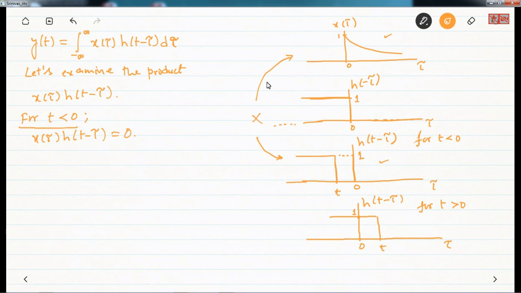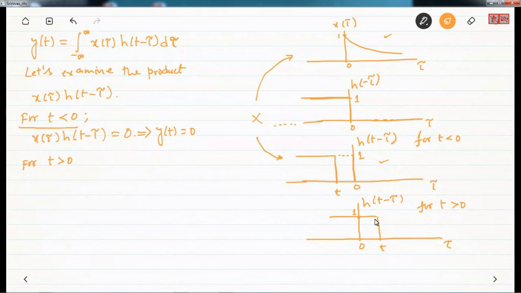Sometimes the math becomes too much if you don't visualize the signals. Okay, now, so that means for t less than 0, this product becomes 0, and when the product becomes 0, that implies y of t is also 0 for t less than 0.